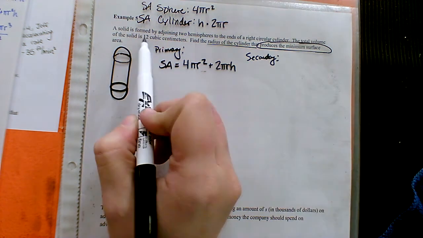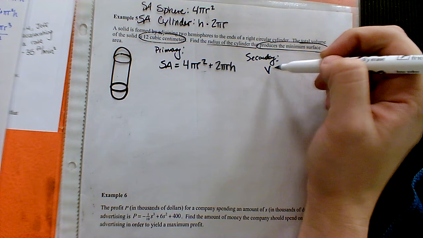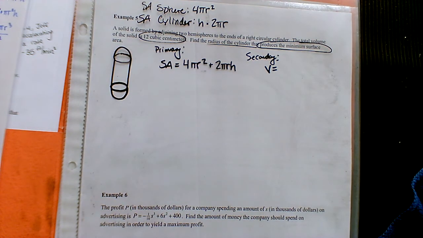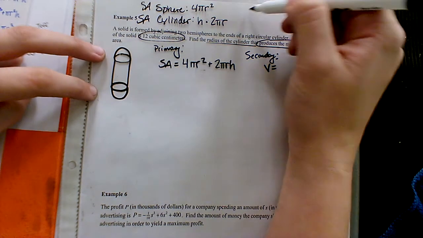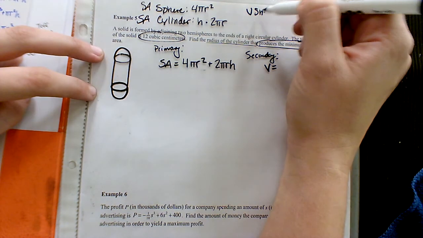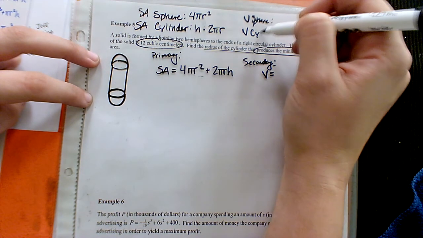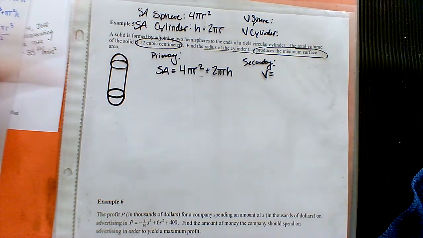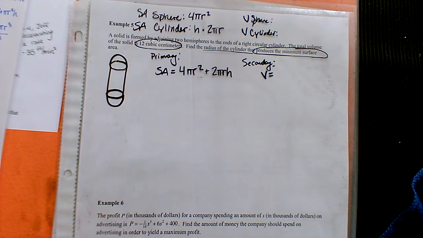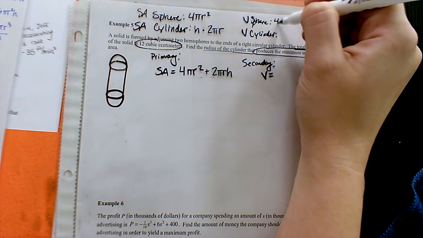Volume. Okay, total volume was given. So for volume, we're going to need the volume of a sphere and volume of a cylinder. Again, these are a little tricky to know off by heart.